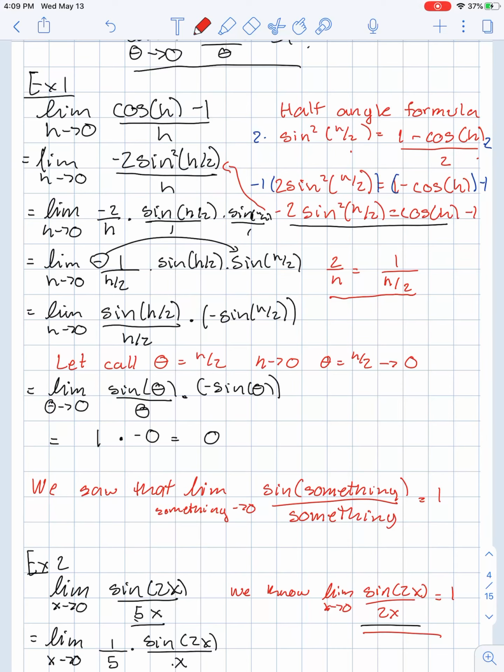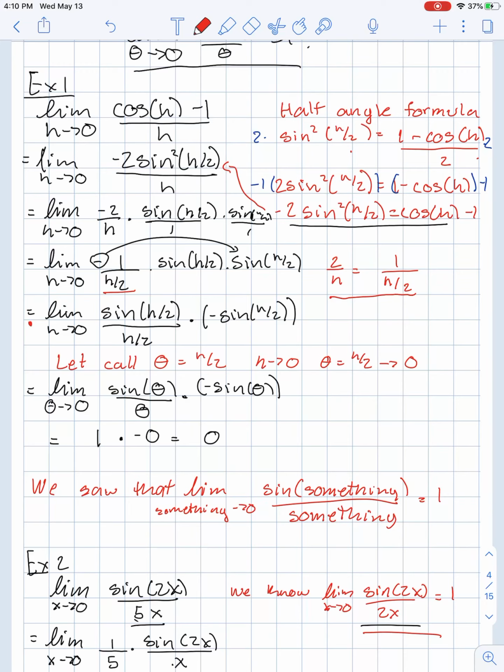That's how I got this 1 divided by h divided by 2 right there. And this negative is kind of annoying, so I move it to my second sine of h over 2, so that on this line I can write the limit as h goes to 0 of sine of h divided by 2 all over h divided by 2, times negative sine of h divided by 2.